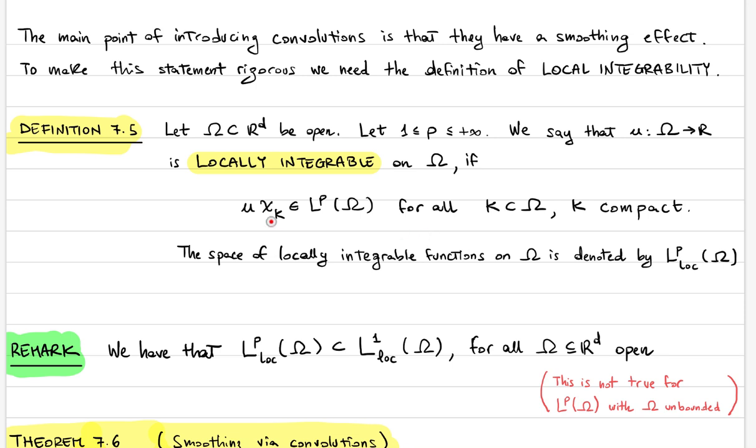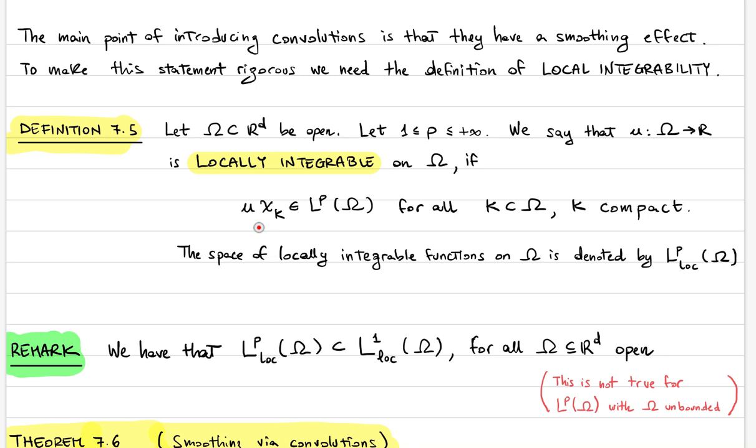This is just saying that, for example, if you take a constant function and omega is the whole real line, then unless the constant is 0, this constant function does not belong to L1.